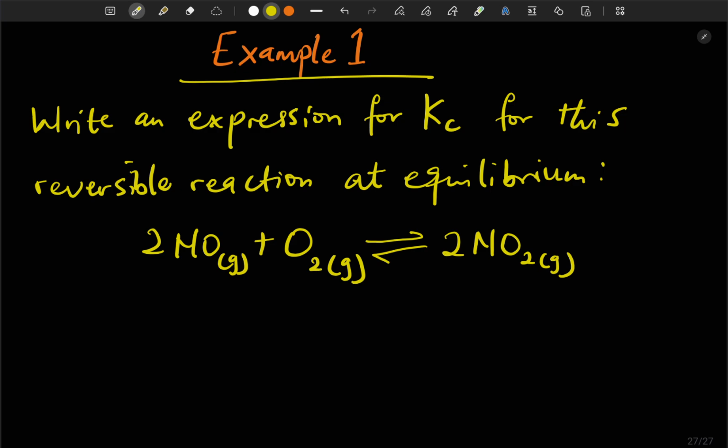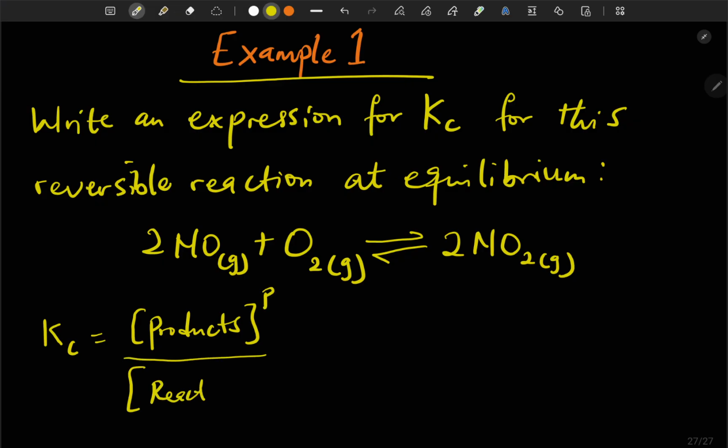How do we write the expression for Kc? Remember that the general formula is Kc is equal to the concentration of products raised to the power of the number of moles of products divided by the concentration of reactants raised to the power of moles of reactants.